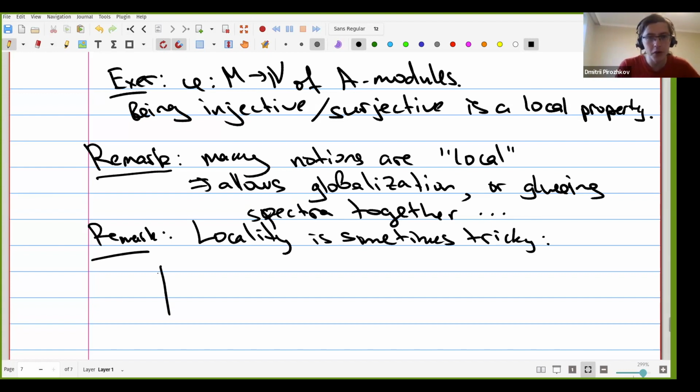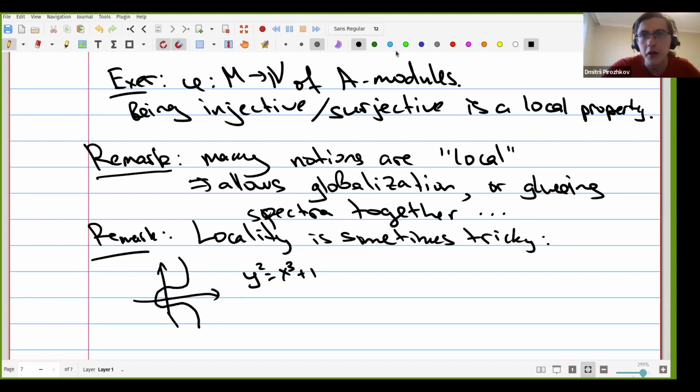If you look at, let's say, a curve that's defined by the equation y squared equals x cubed plus 1, it looks something like this.